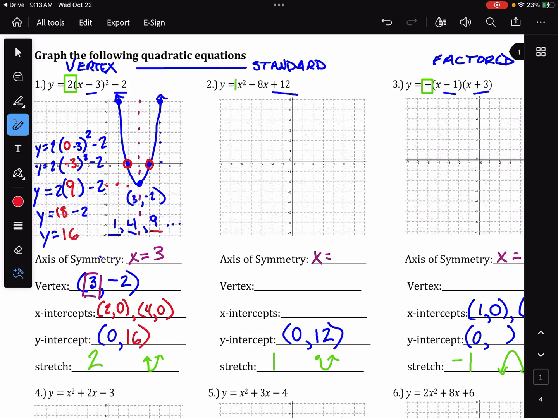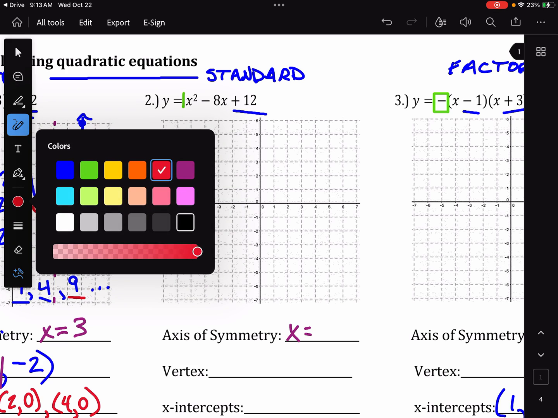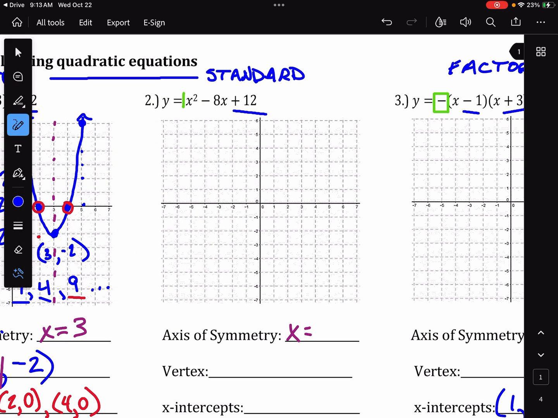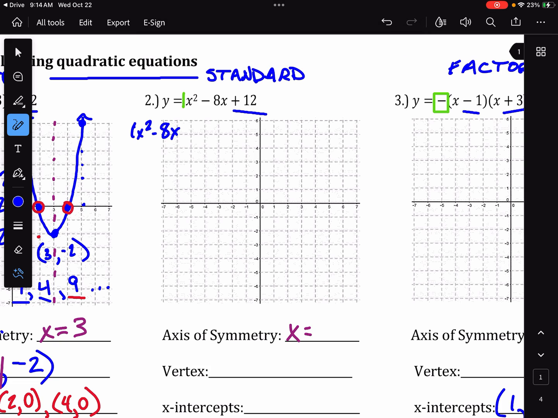So since I have factored over with number 3, for number 2, I will complete the square just so you can see that. Completing the square, I throw in my parentheses around the x values with my space that I'm going to fill, plus 12. I'm going to take this value and divide it by 2. So that gives me, I'm going to put this down here, -4.